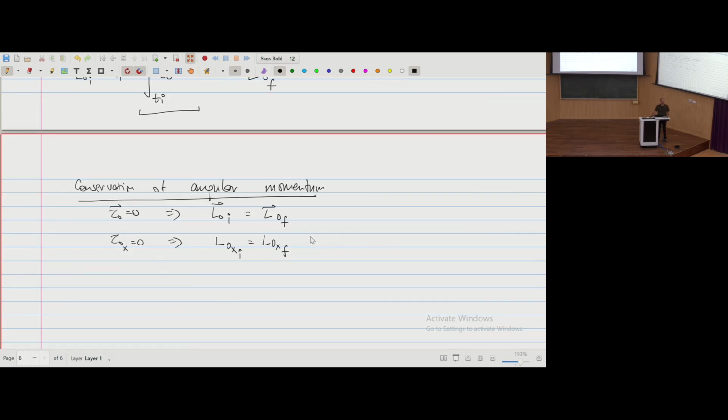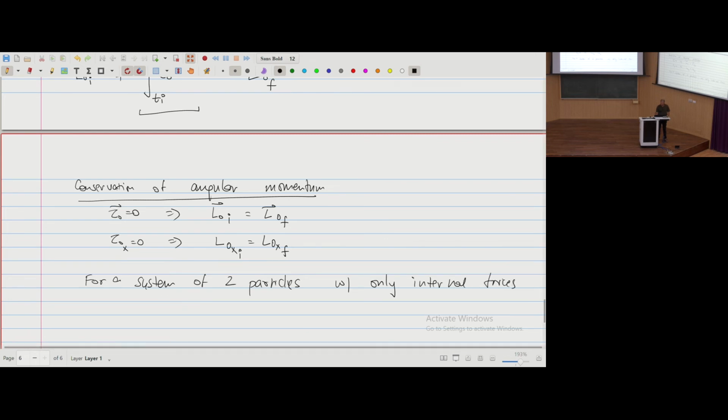For a system of particles, let us say 2 particles in this case, with only internal forces acting, as we saw earlier, you can again write torque equals dL by dt for each particle and then apply Newton's third law.